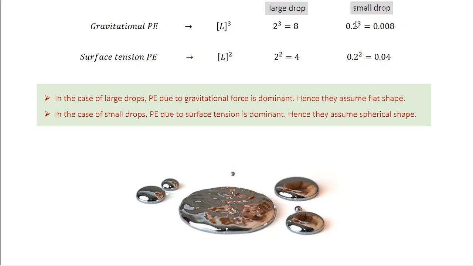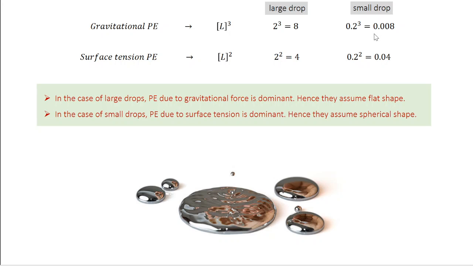On the other hand, when you consider a small drop of radius 0.2 centimeter, once again let's compute the potential energies. Gravitational potential energy is 0.2 cube, which is 0.008, whereas surface tension potential energy is 0.2 square, which is 0.04. So here you can see that surface tension potential energy is the dominant one.